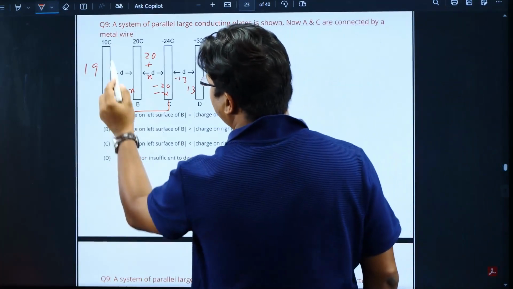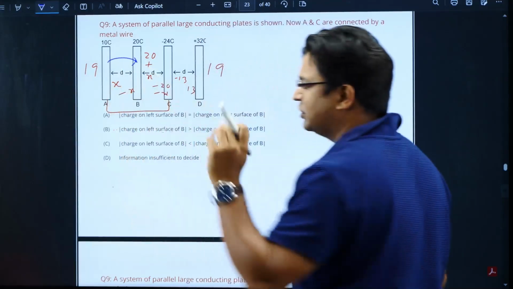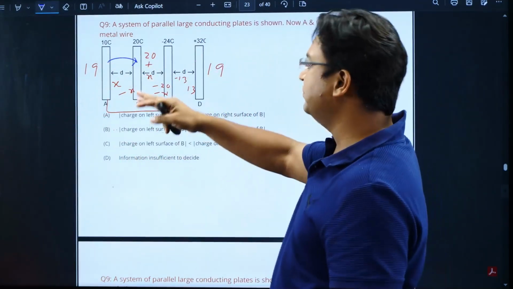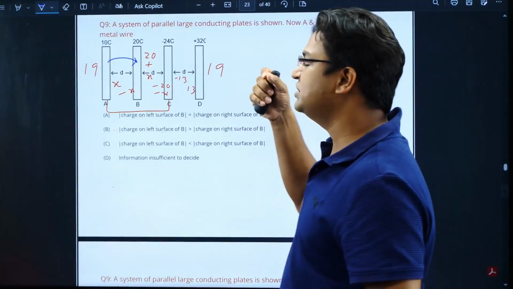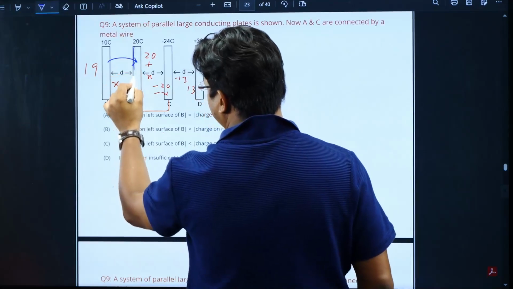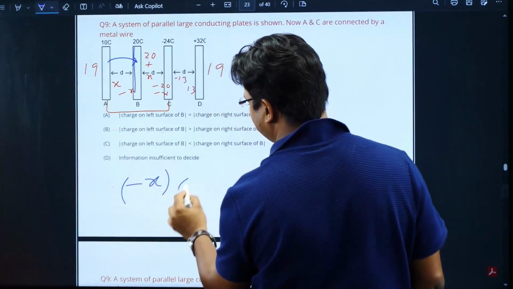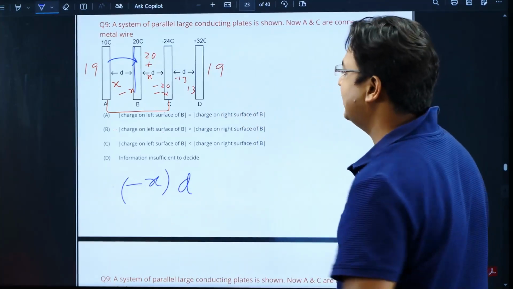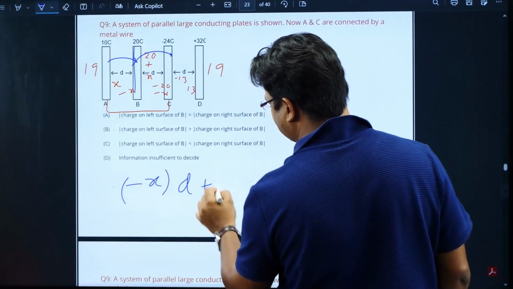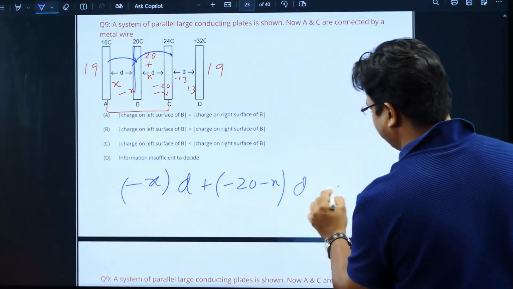So we start from this plate and we jump. Since A and C are connected, we start from A, we try to go towards C, and whenever we move through the air, we check what is the charge on the landing surface. When we move through air, we land on this surface, so the charge on the landing surface is minus X. We multiply it with the distance that we have covered in air, that is D. And then again, when we move from B to C, the charge on the landing surface is minus 20 minus X, and we again multiply it with the distance, which is again D, and then we equate it to 0.